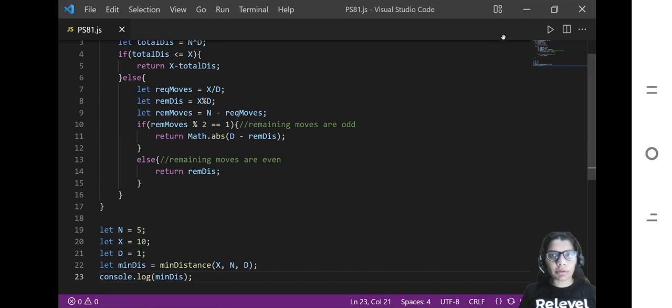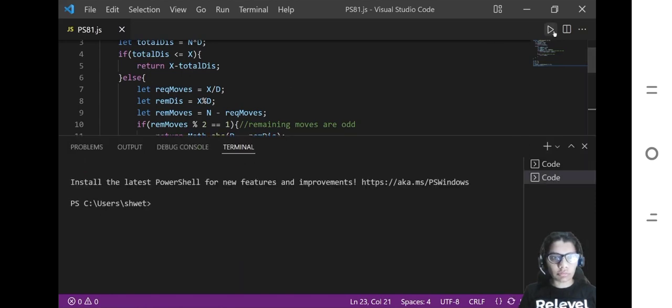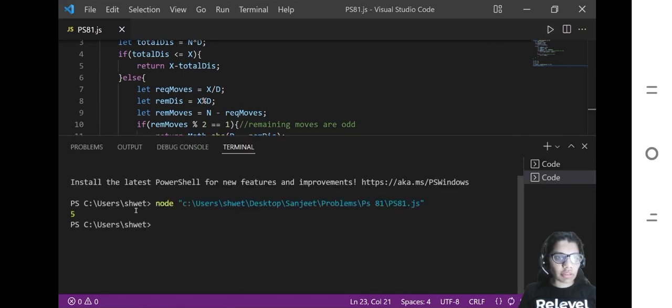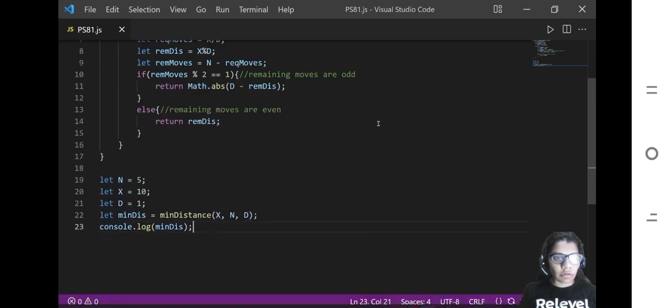Let's try to run this particular code if it works or not. So here you can see it is giving us 5. Let's see how. So your total distance was 10. You have taken 5 steps of distance 1. So that's why the remaining distance is 5.